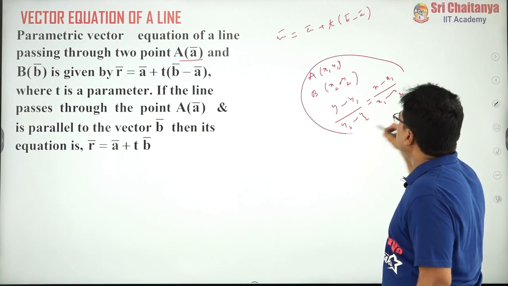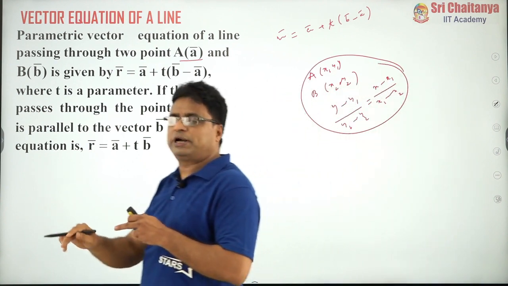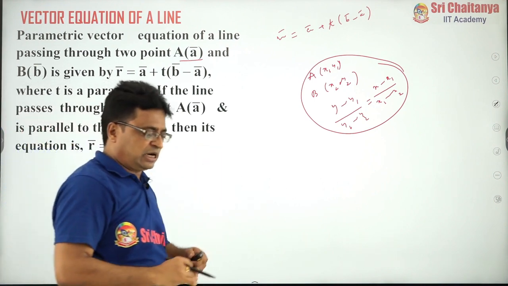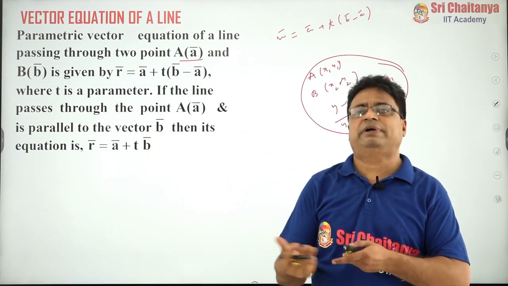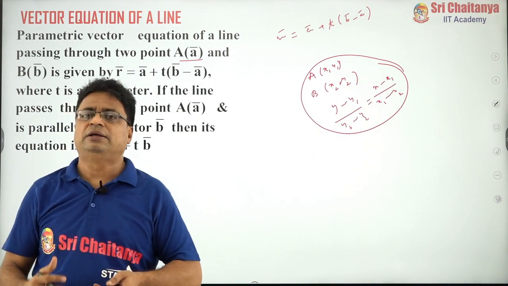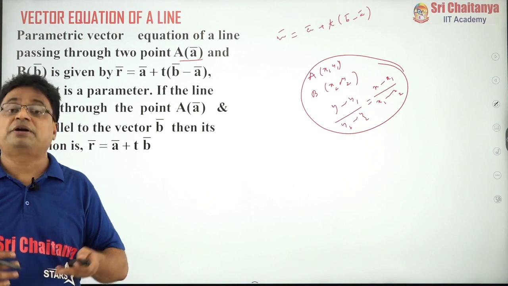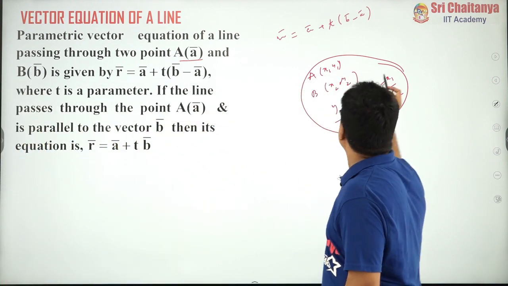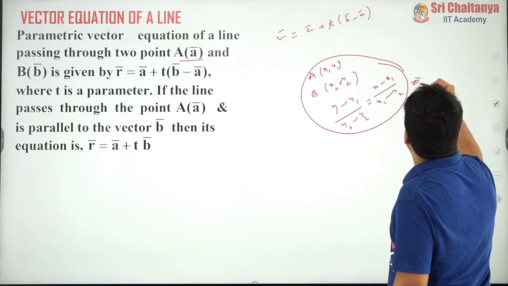This is the equation of the line passing through 2 points. This equation contains terms in x and y. Whenever an equation contains terms in x and y, that equation is called the Cartesian form of the line. And after simplification, you may get the standard form.